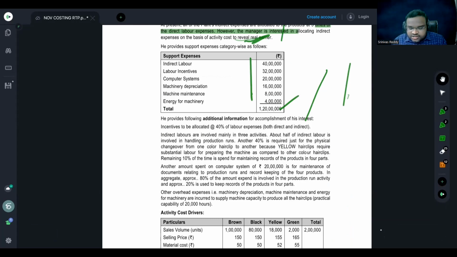So 56 lakhs is the labor expense on which the incentives are based. Okay. So out of these incentives of 32 lakhs, 40% of labor expense you need to allocate.